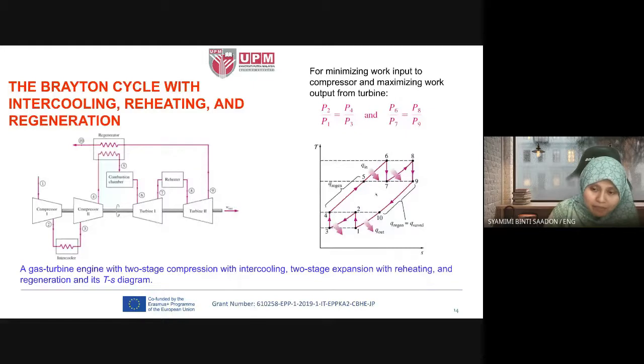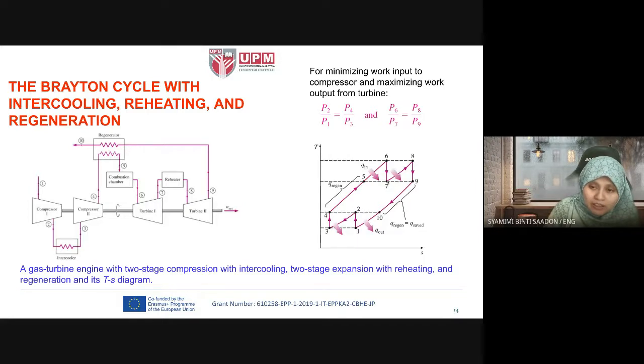And then the same thing for the reheater. The reheater is to maximize the work output from the turbine. So instead of just going 6 to 7 and directly Q out, we heat up back, from 7 to 8, reheat back. Of course, by adding the reheater, we need extra Q in, extra fuel, to heat up.